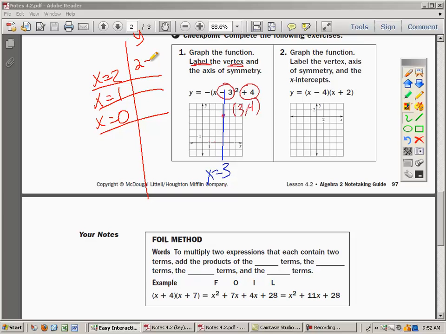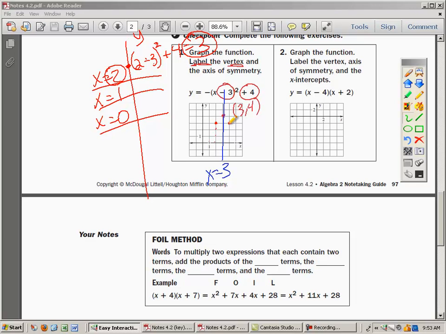We get 2 minus 3 squared. Don't forget there's a negative out in front. And then plus 4. 2 take away 3 is negative 1. Square it, we get positive 1. Make it negative. Negative 1 plus 4 is 3. So when x is 2, y is 3. We plot that point over 1, 2, and up 1, 2, 3. There's our point. Because of the symmetrical nature of our graph, we get to do that too.